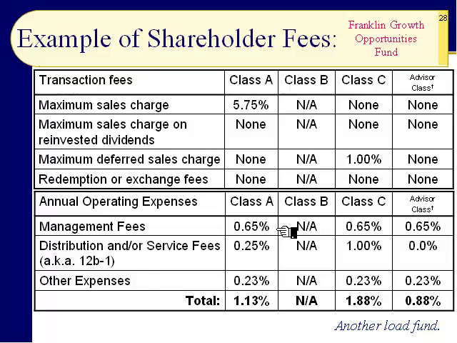They are charging you a higher upfront fee, but lower annual operating expenses. Plus, their schedule for lowering that maximum sales charge is a little bit more aggressive than Alliance's. So it evens out. Now notice they have no Class B shares.